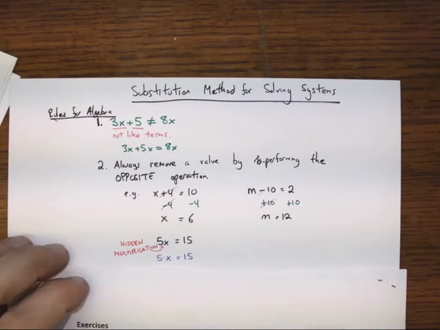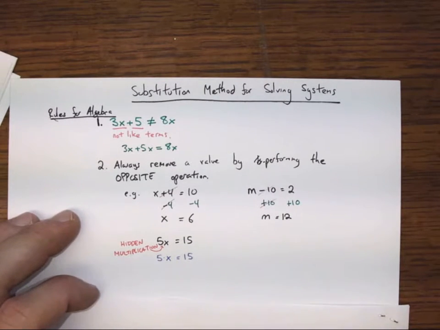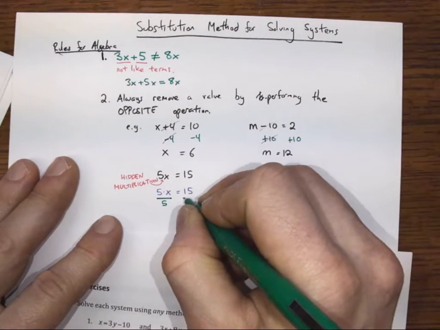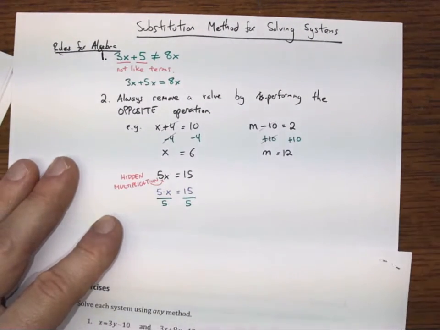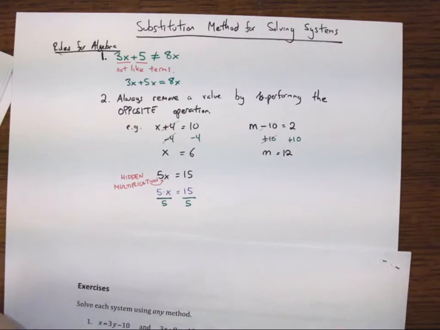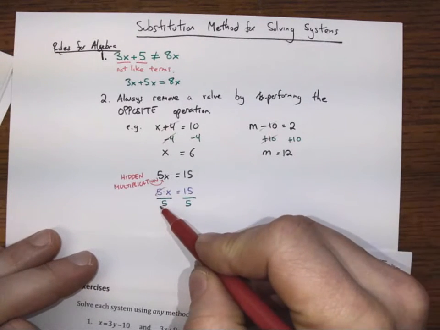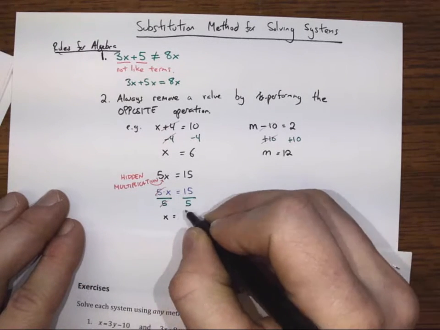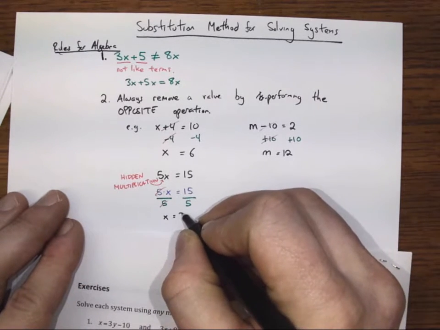To do the opposite operation there, we are going to divide by 5. Dividing by 5 has the effect of undoing a multiplication by 5. So then I get x on the left and 15 over 5 on the right, or 3.